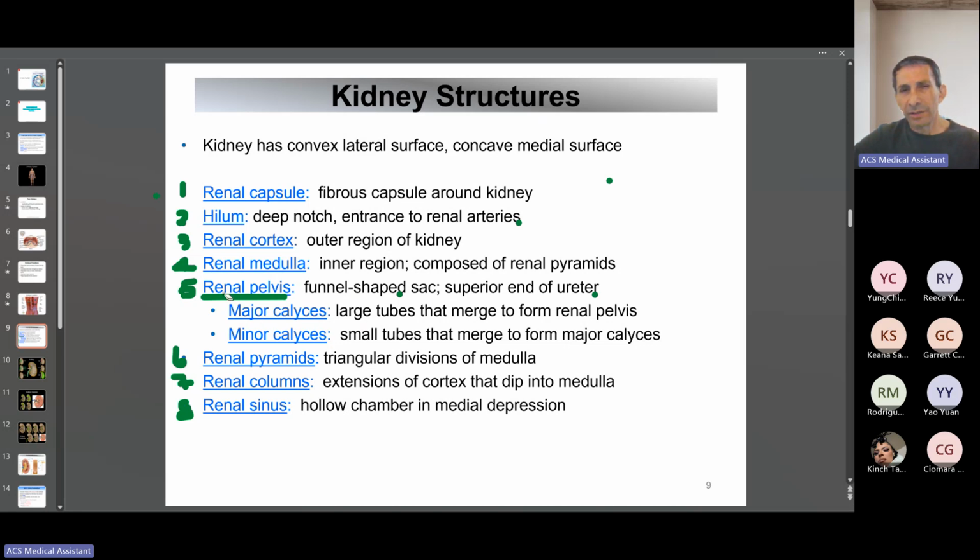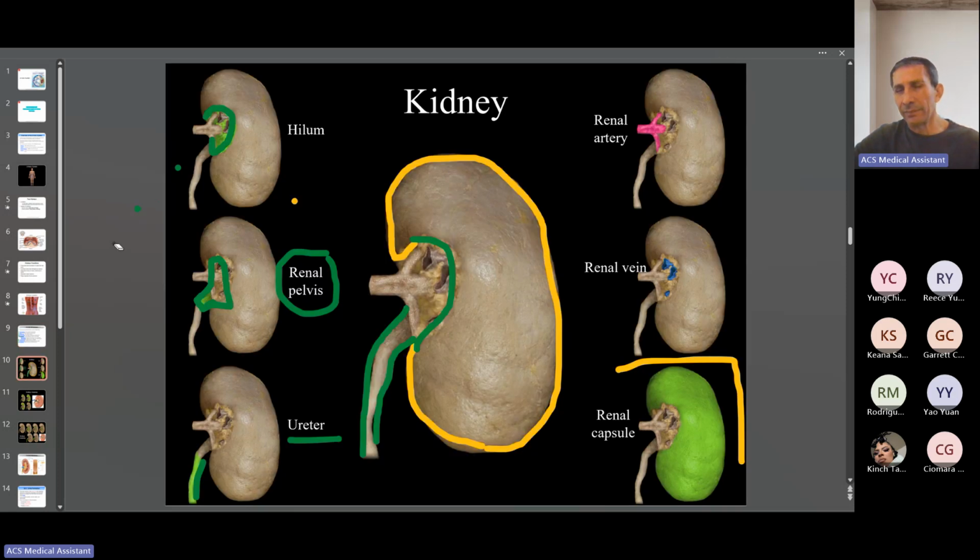Remember, the renal pelvis is the upper part of the ureter. But this upper part of the ureter has major calyces and minor calyces. So let's see those calyces right here.